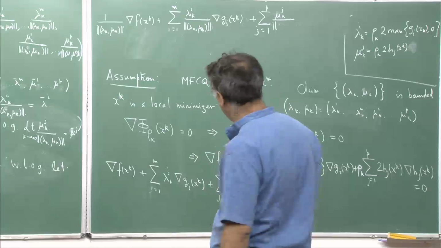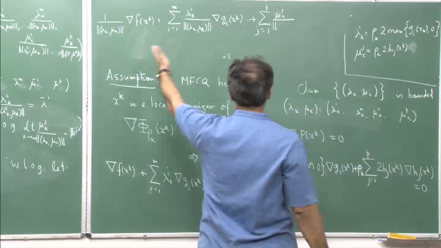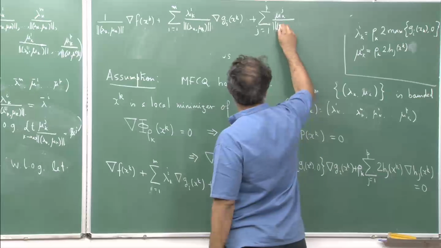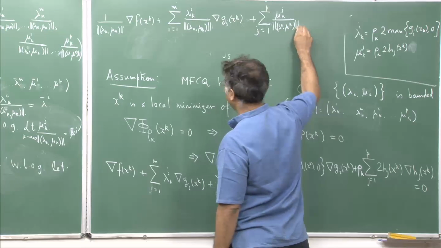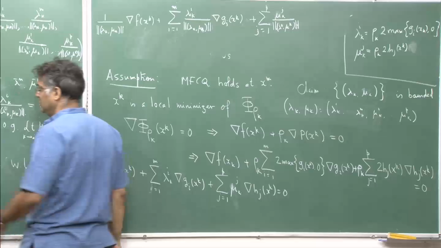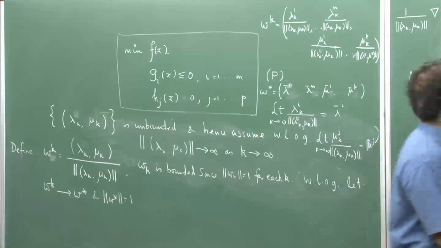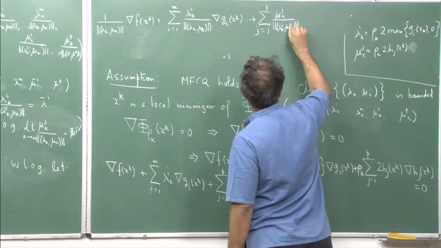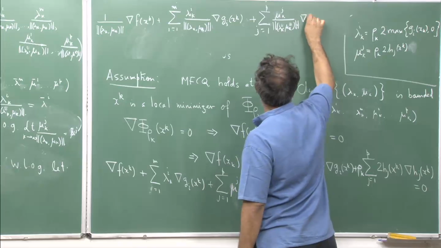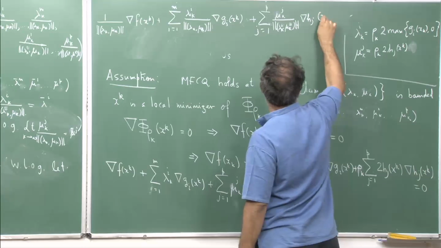So, this division makes sense, and we can assume that this is always a non-zero vector, into grad h j x k.